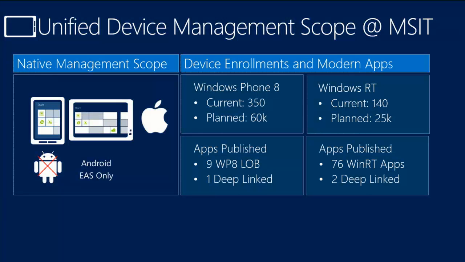Skype, yep. And for Windows RT, we have a lot more, because anything that works as a modern app on Windows 8, x86 or x64, pretty much works seamlessly in our case on a Windows RT device. And we have 2 deep linked apps there.